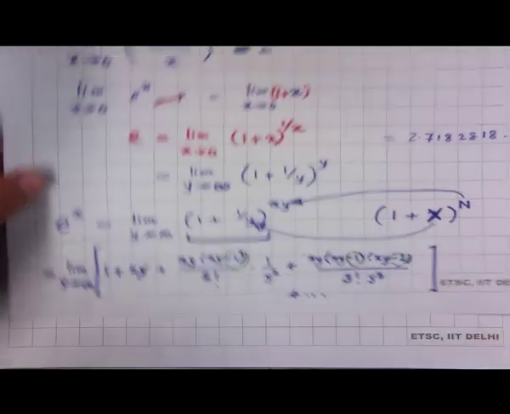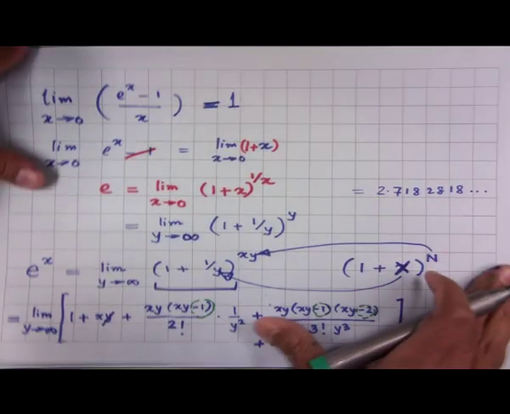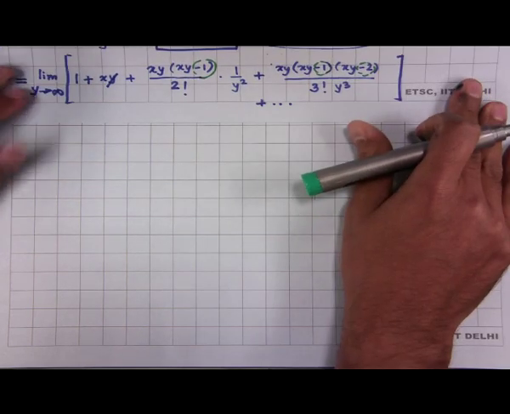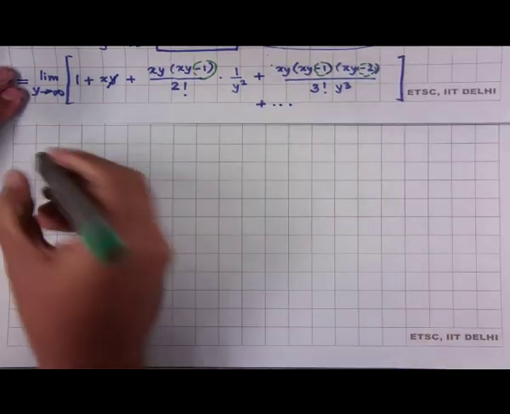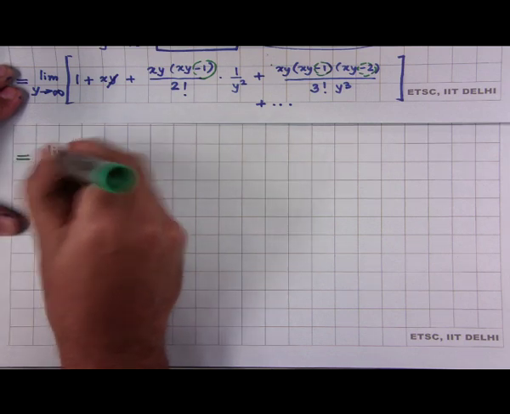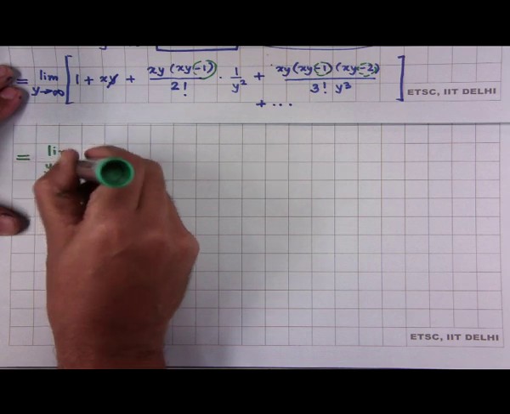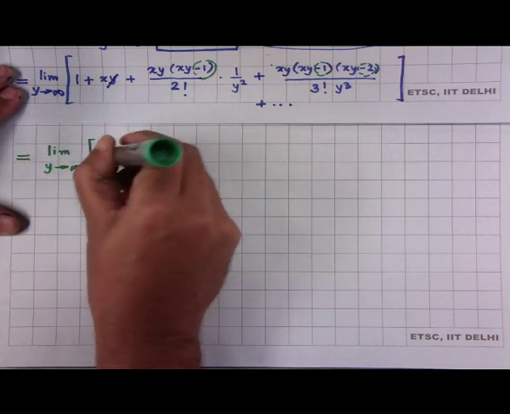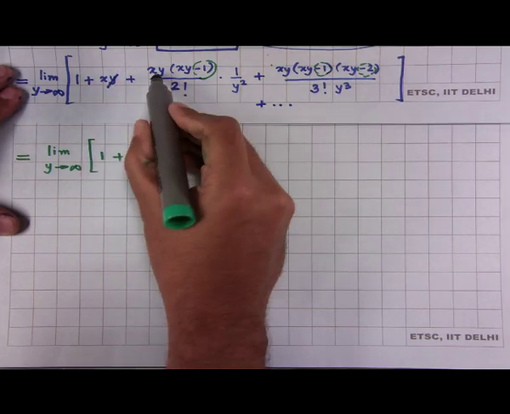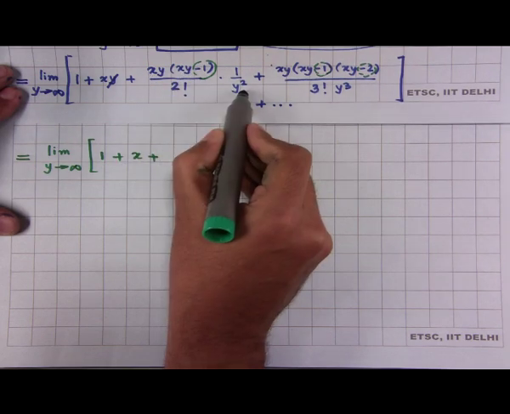right. So, the net result is going to be the second term was x, the third term is going to be x y by y squared.